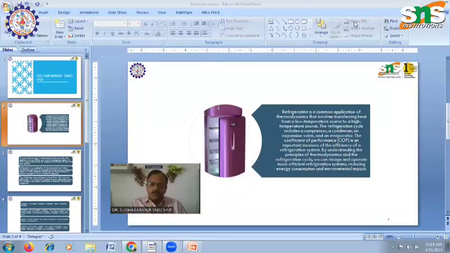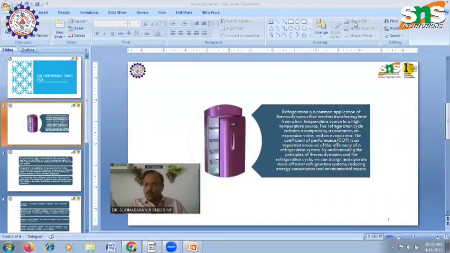When it circulates through the coils of the evaporator, it absorbs the heat inside the space or substance and thereby maintains the temperature of the space or substance below the temperature of the surroundings. Now this refrigerant absorbs the heat in the form of latent heat. So when it absorbs this latent heat, it gets converted into vapor again and goes back to the compressor.